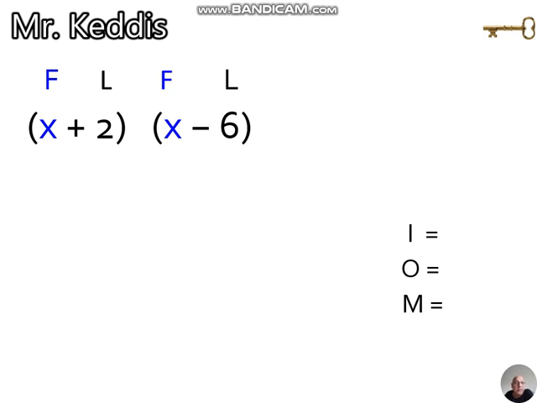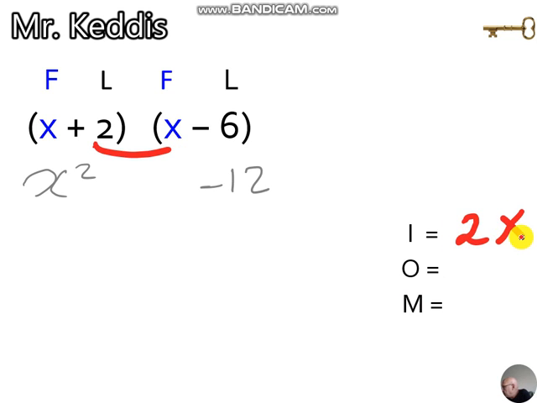The next one. X times x, I get x squared. Last times last, positive 2 times negative 6, I get negative 12. To find the product of the inner term, I multiply positive 2 times x, I get positive 2x.